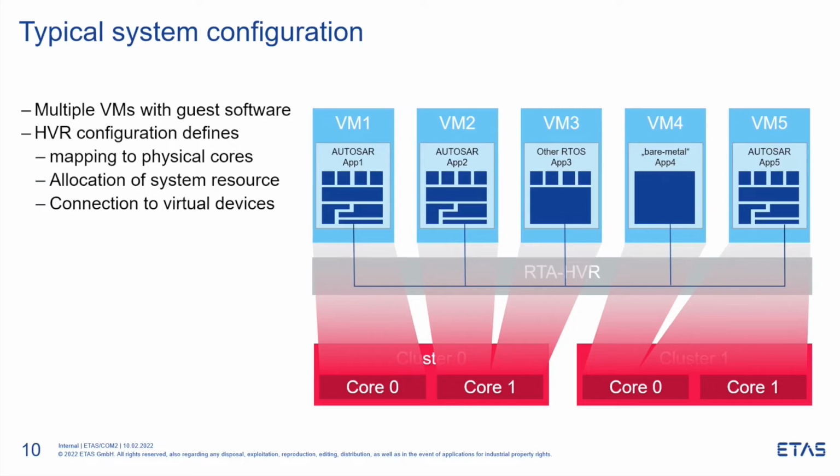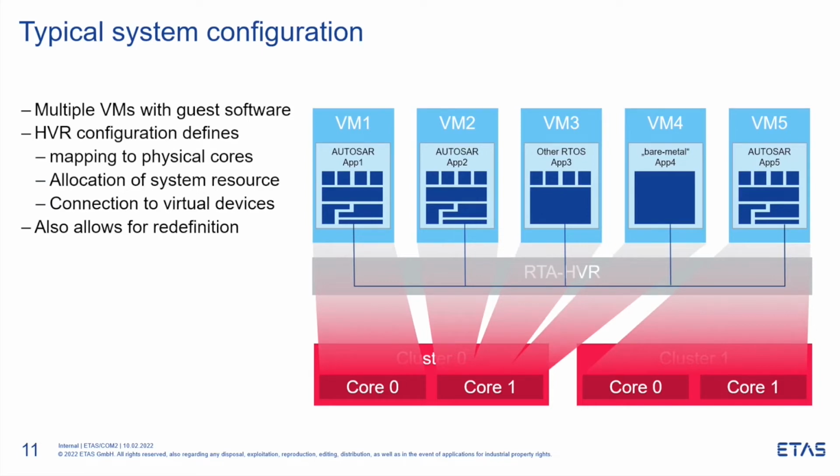The other thing we can do is adjust the mapping. So if during the design of the system or the early testing, the loading is not quite right, it's possible to reallocate virtual machines onto different cores. For example, here we see that VM5 we have now given complete control over cluster 1, and VM4 is mapped onto core 1 along with VM2 and VM3.